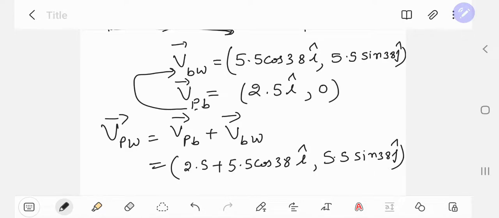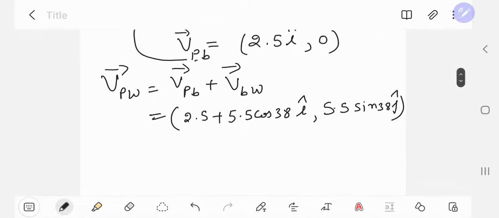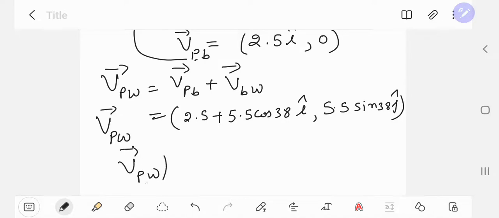So these will be the vector components, and if you need to find the magnitude of this vector, that will be the square root of the whole values right here. You simply plug in the values, squaring this value and this value, and then you get the answer.